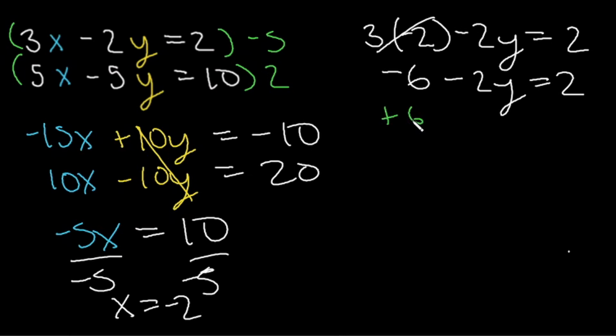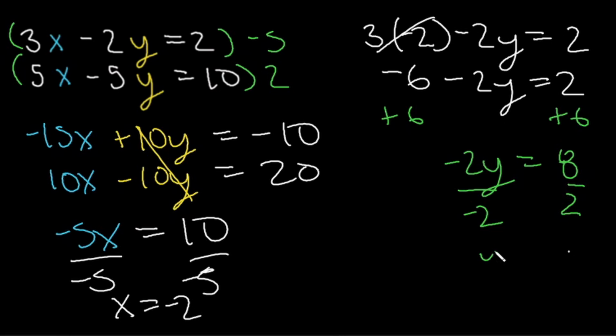We can add 6 to both sides, and we'll have negative 2y is equal to 8. Divide by negative 2, y is equal to negative 4. So our solution is negative 2, comma, negative 4.